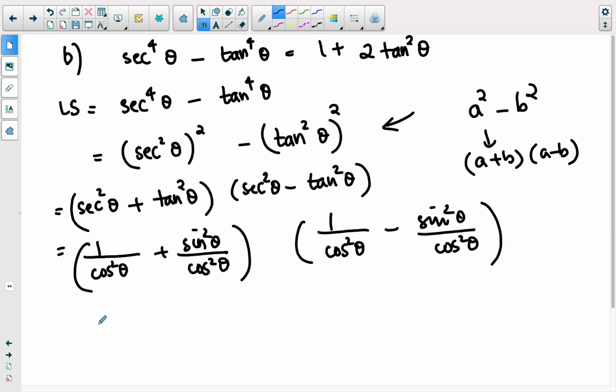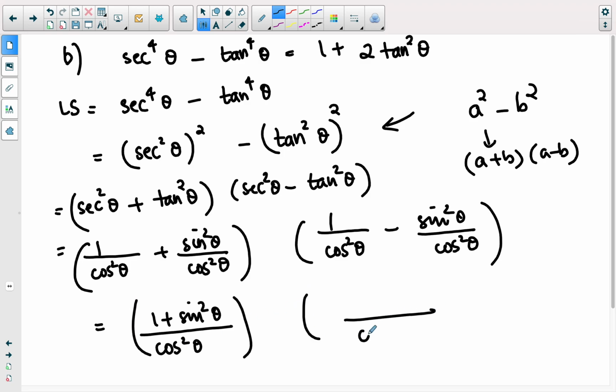And I'm going to add them like I would add fractions. And so then my denominator will be cos squared theta, and 1 plus sine squared theta here, times cos squared theta, and 1 minus sine squared theta here.